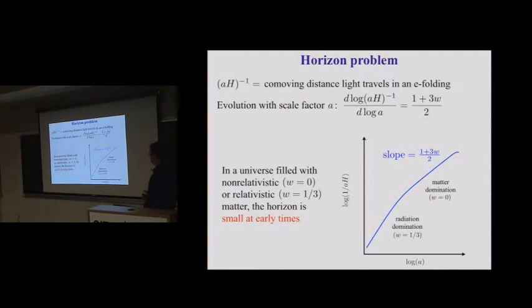So if the universe is filled with either non-relativistic or relativistic matter, the slope is always positive. The causal horizon is always increasing with time. And at early times, if we integrate this, we always get something small.